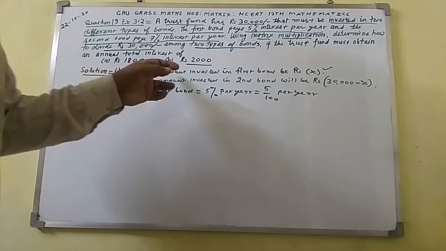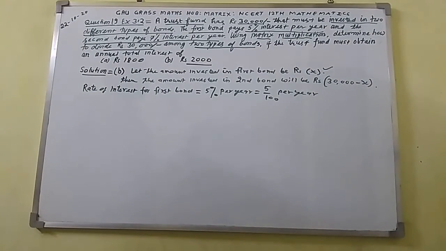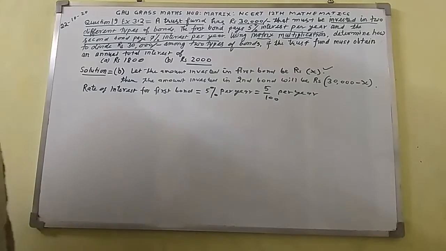Here you can see the amount invested in the first bond is rupees X, so you can obtain the interest for the first one.